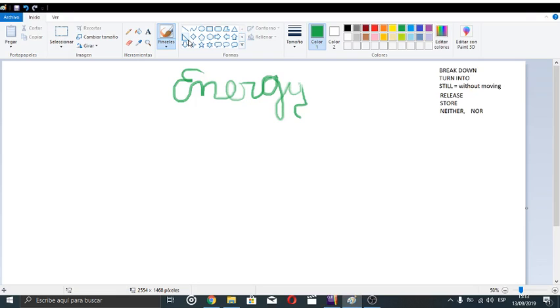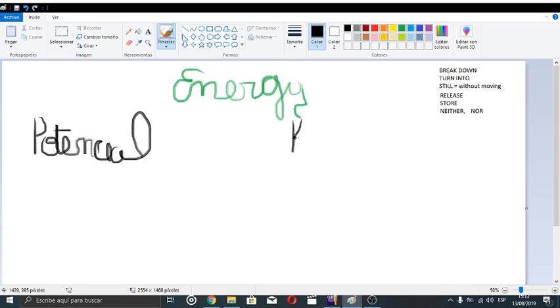Energy falls into two categories. Which are they? Maybe you know. The first category is the potential energy, and the other is the kinetic energy.